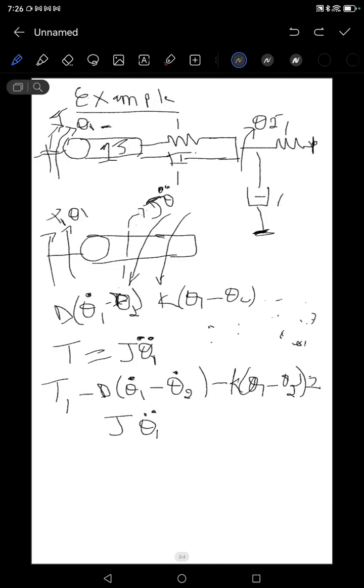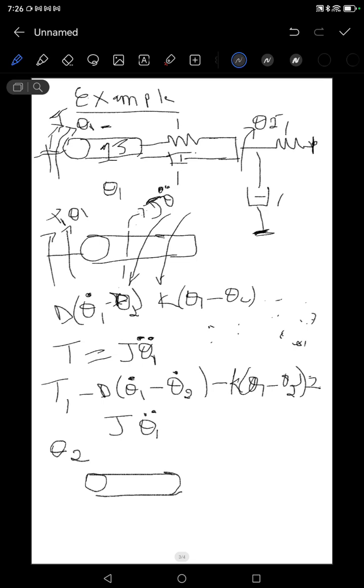So for our free body diagram, let's say we have another inertia here, because we have the theta 2 here. So our second free body diagram, when we were focusing on theta 1, this one was for theta 1, and now this one is going to be for theta 2. Okay, so here we're still going to do the same.